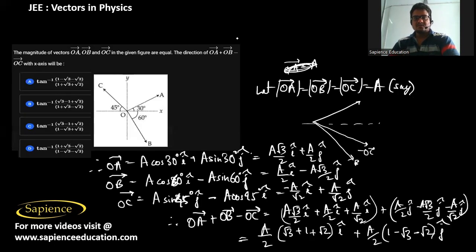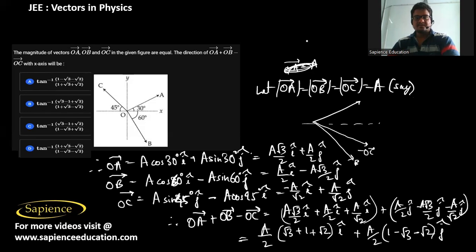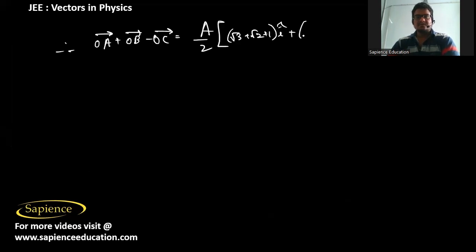Therefore, the resultant of OA plus OB minus OC is A by 2 into root 3 plus root 2 plus 1 i cap plus 1 minus root 3 minus root 2 j cap.